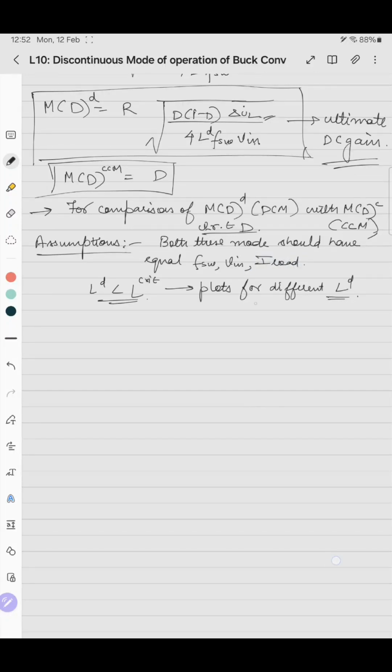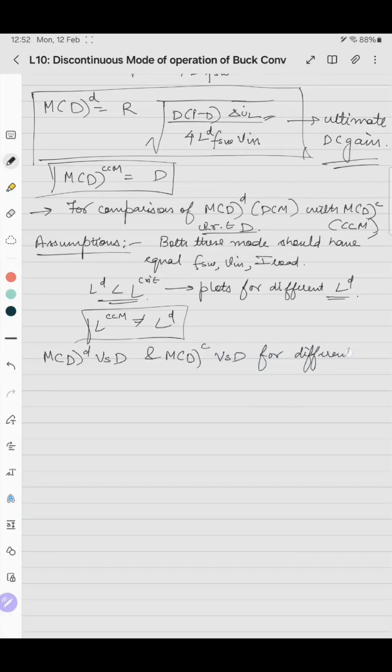So you can't keep L of CCM the same as LD. This you can't assume. So you plot M of D versus D and M of D for CCM versus D for different inductances.